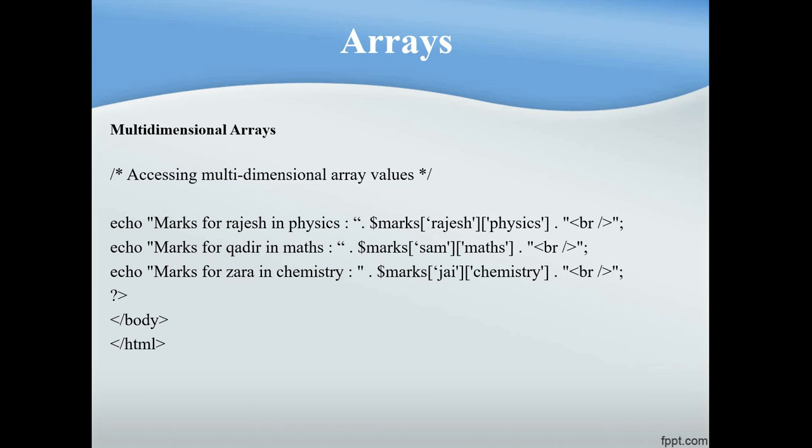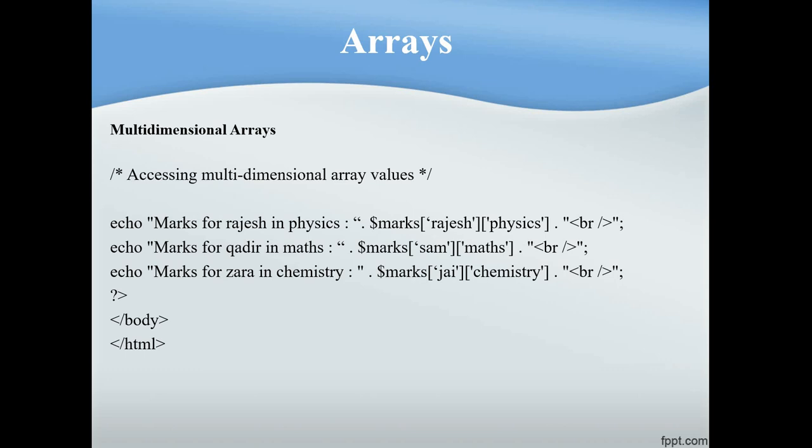Now how to access the multi-dimensional array values? We can access the array values by multiple indexes. We have already seen in the introduction about the multi-dimensional array index. We will be using multiple indexes. So here, $marks['Rajesh'] is one index, and then by using physics we are going to get Rajesh's physics marks.